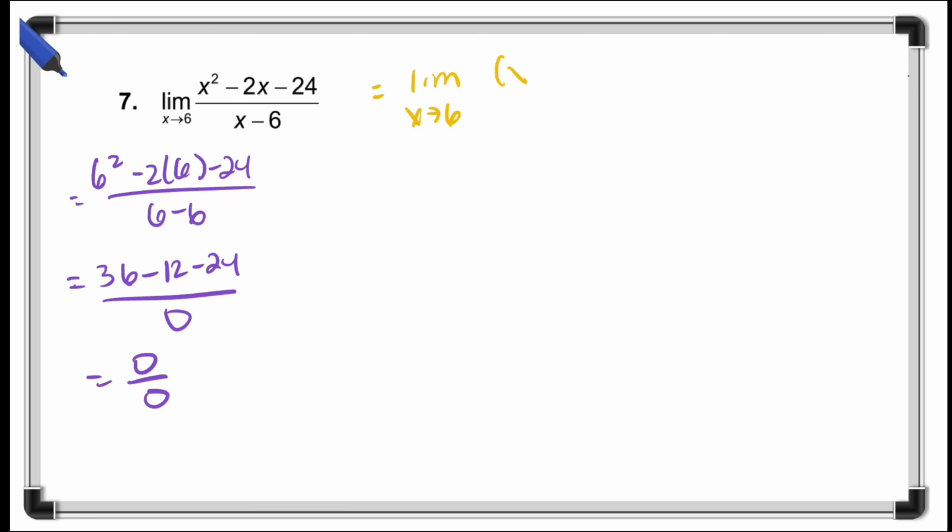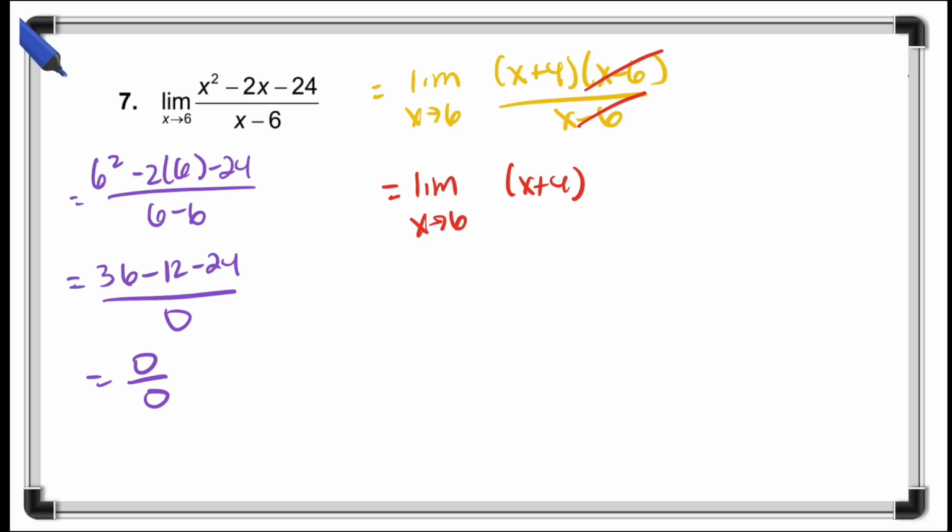So you can get x plus 4, x minus 6 over x minus 6. Our x minus 6's will cross out. So you are left with x plus 4. Go ahead and substitute. So you have 6 plus 4, which is equal to 10.